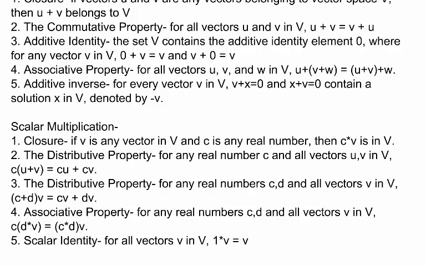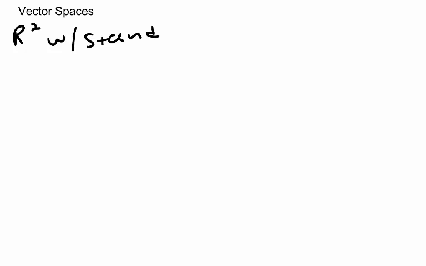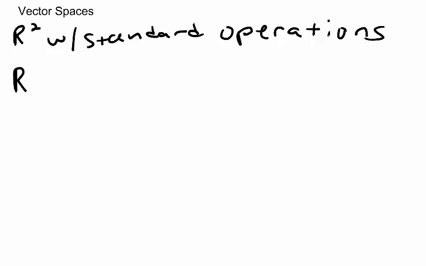Next, I'm going to list a few common vector spaces. R2, with its standard operations, is a vector space. Another vector space is Rn, with the standard operations.